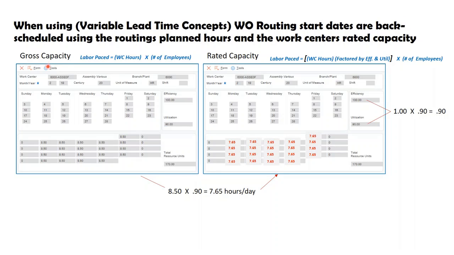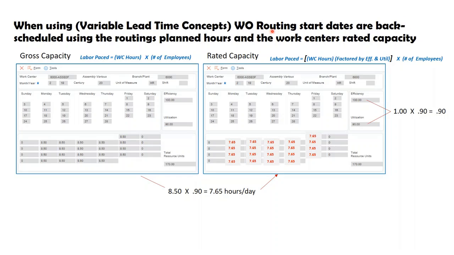So again, here is the gross capacity for our work center called ASSE0F, where the work center was working labor-paced with one employee at 8.50 hours. Again, if there were two employees assigned to this and that work center operates 8.5 hours, our gross capacity would have been 8.5 times 2, or 17 hours per day. But in our example, there's only one employee assigned.